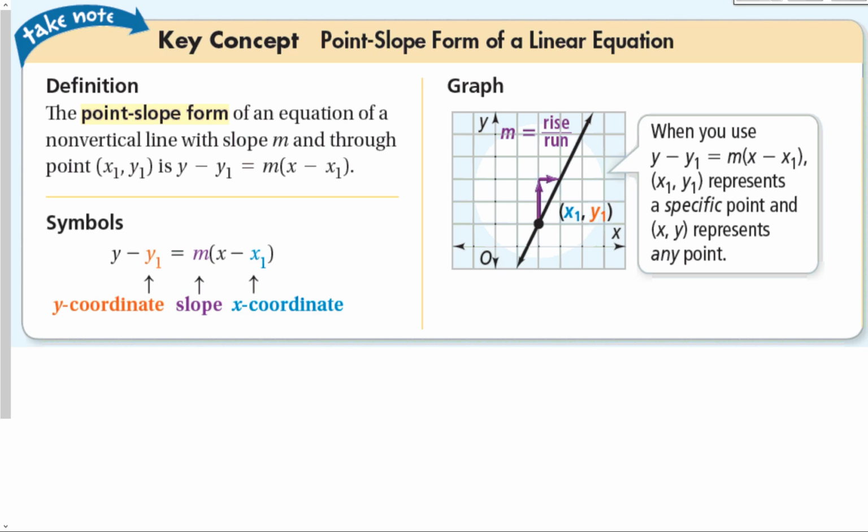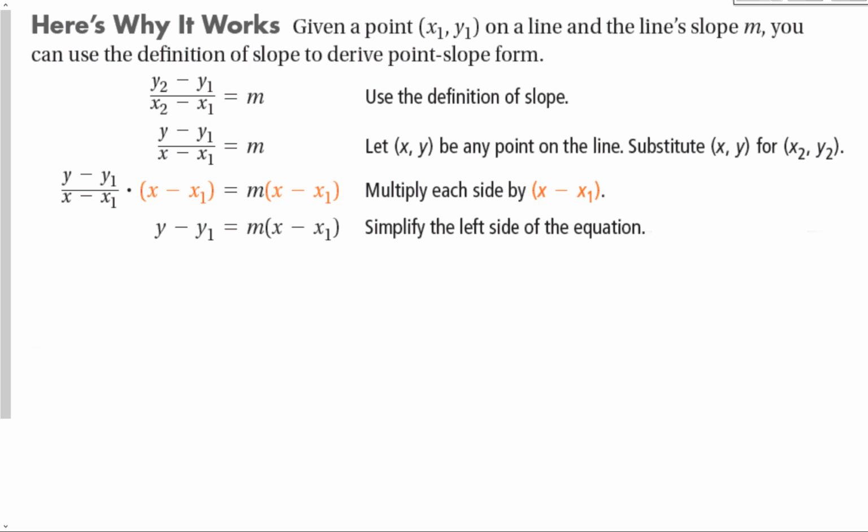This formula comes right from the slope formula. So if we have a point on the line and the line's slope, we can use this definition to derive the point slope form. I start with the formula for slope, y2 minus y1 over x2 minus x1. I switch one coordinate, x2, y2, with general points.